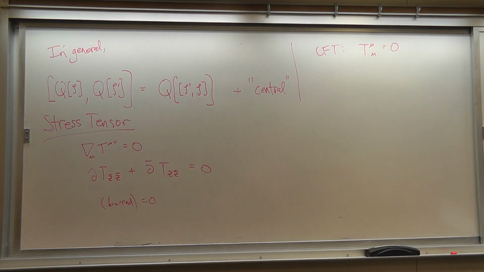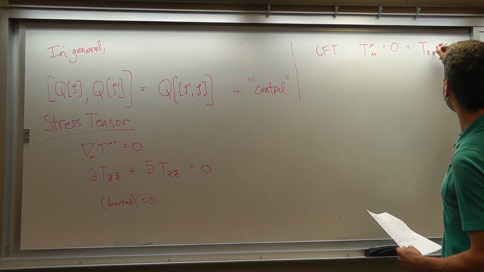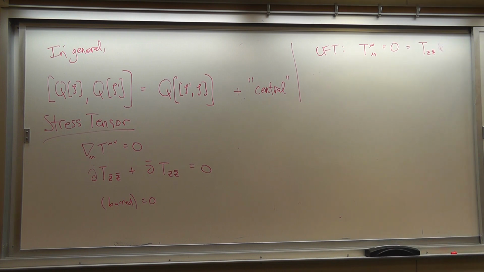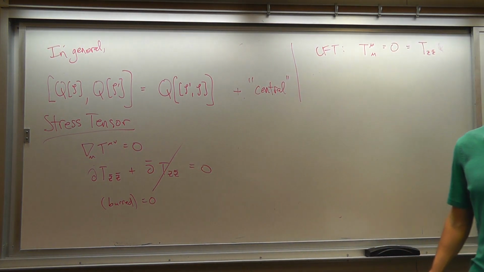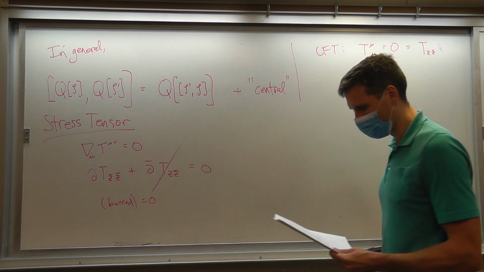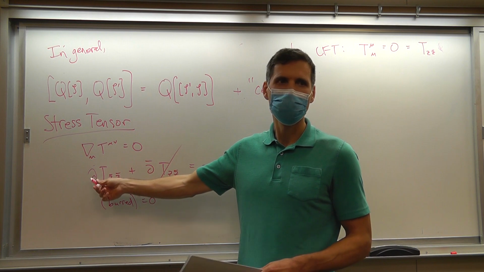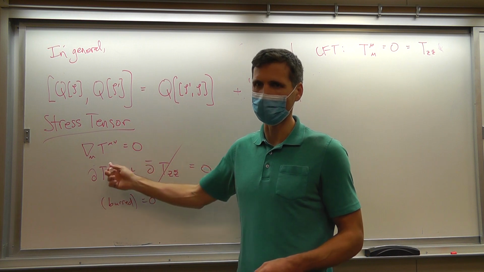The trace in z, z bar coordinates is the off-diagonal T z z bar. So the mixed component of the stress tensor vanishes. And now if we go back to the conservation law, this one drops out, and we learn that T z bar z bar does not depend on z. That's where the power of conformal symmetry comes in, that you get analytic functions, holomorphic functions.